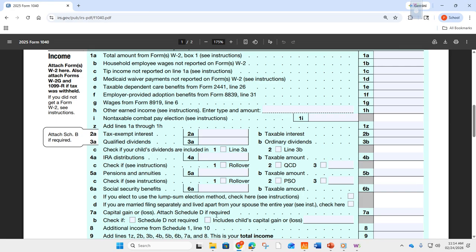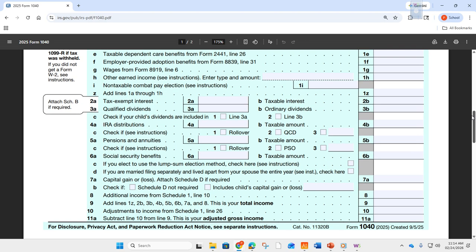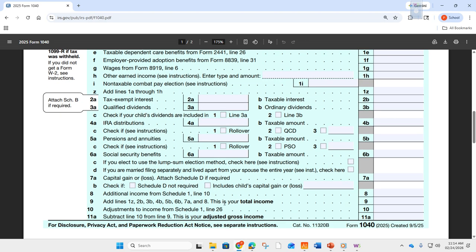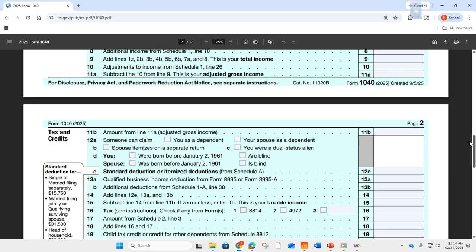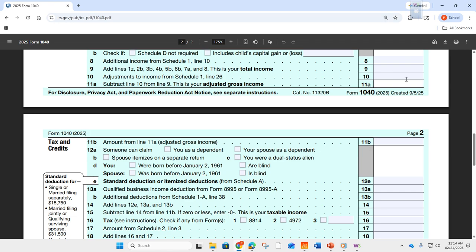There are some deductions filled in here too. So a capital gain loss would reduce your taxable income or your gross income. And then it brings us here. So we're going to have an adjusted gross income, which is still not our taxable income. We're going to transfer that to line 11b from 11a, though it should be the same number.